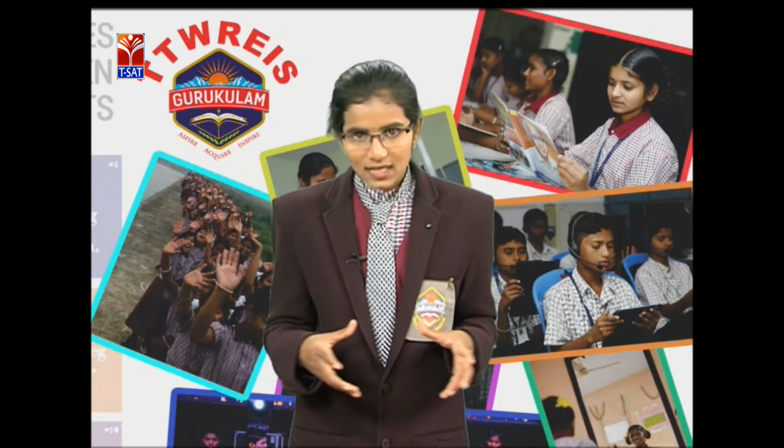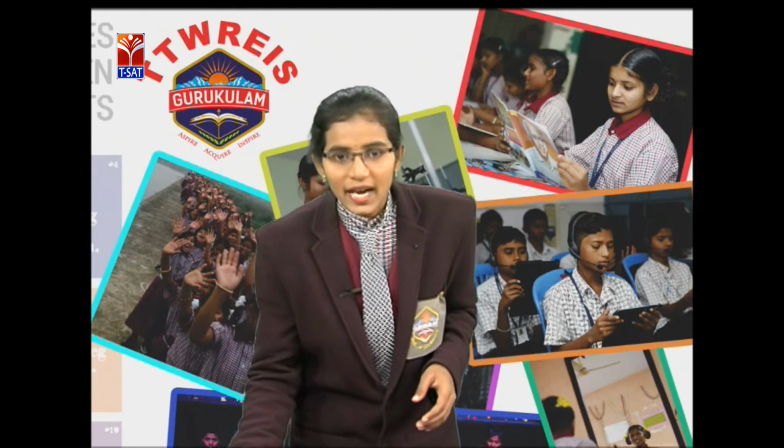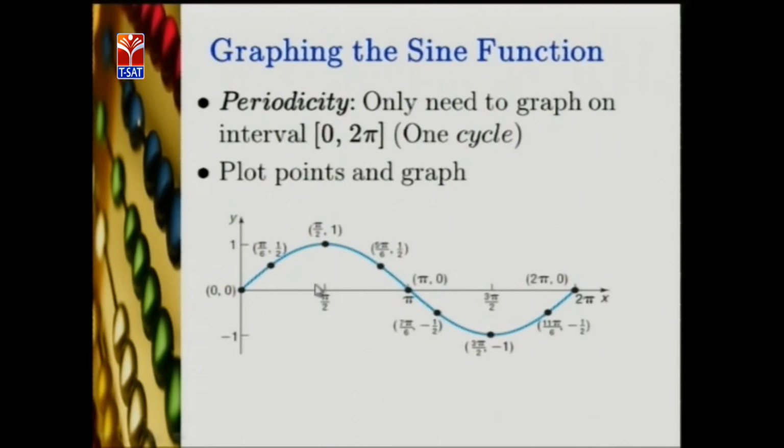Coming to x-intercepts and y-intercepts, the x-intercepts of the sine function are 0, pi, 2 pi and so on, that is, all integer multiples of pi. And coming to the y-intercept, only at the point 0 do we get the y-intercept.